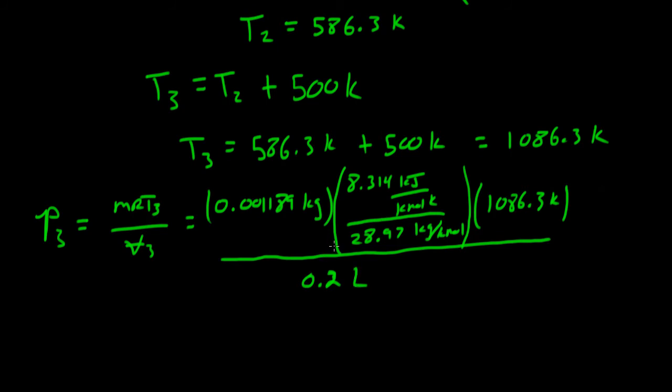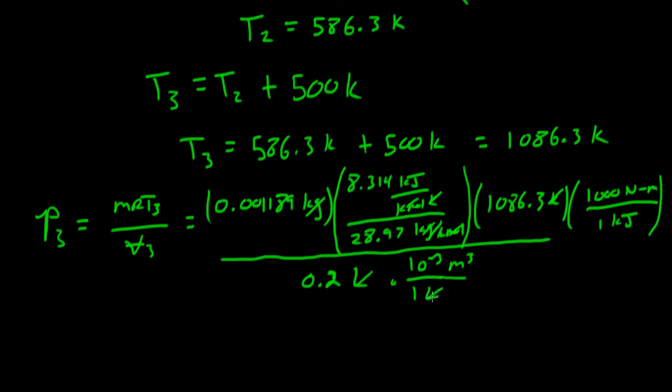We see here that the kmols cancel, the kilograms cancel, the kelvins cancel, and we're left with kilojoules per liter. We recognize that a kilojoule is 1,000 Newton meters, and that 1 liter is 10 to the minus 3 meters cubed.